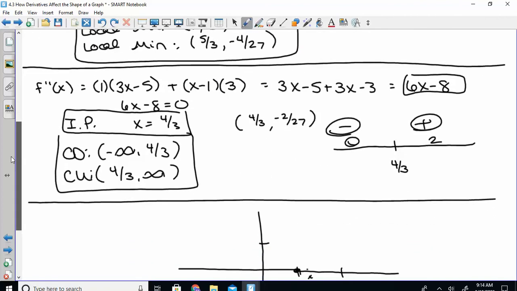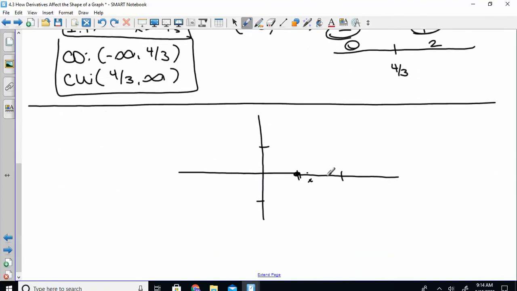And my min was at 5/3, so that's like 1 2/3. And -4 over 27. So just a little bit lower than the inflection point there.